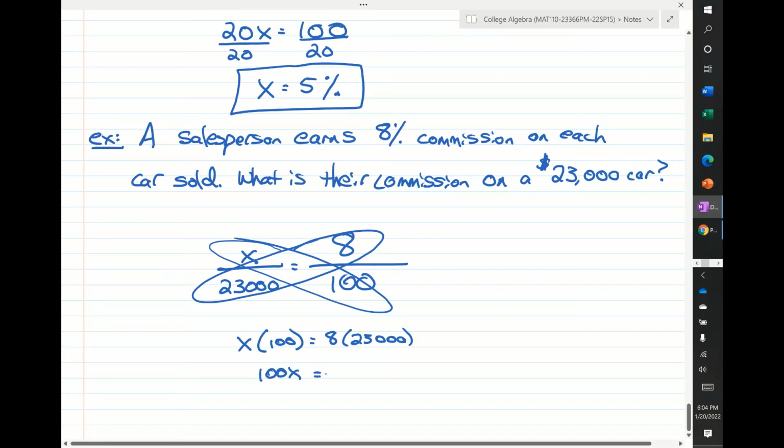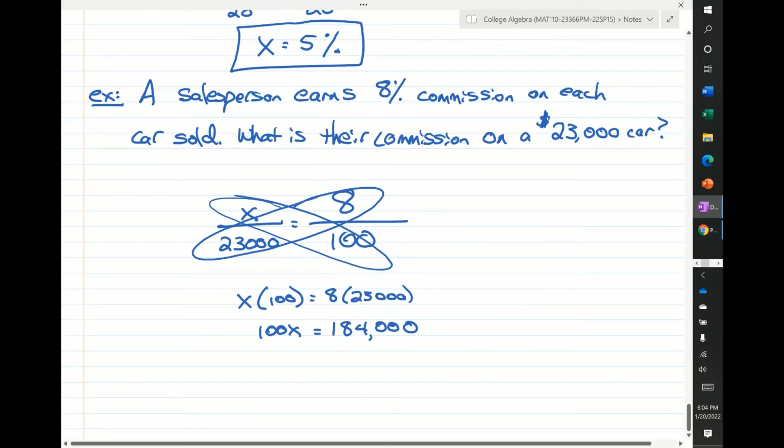If we divide by 100, we get X equals $1,840. That's what it would be.